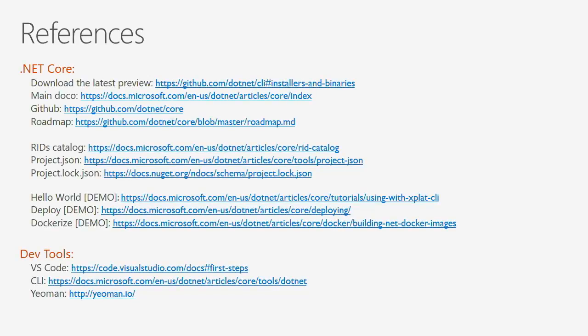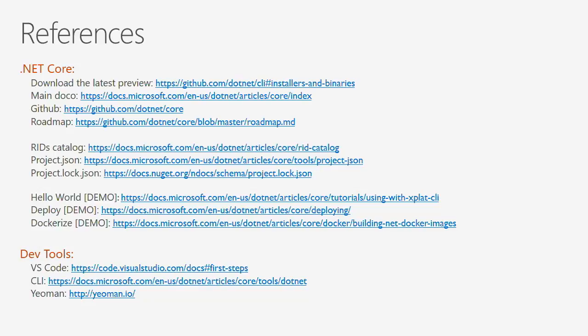So, to recap, if there's only one thing you should take away from this presentation, if you want to write .NET applications or services that are portable and efficient, use .NET Core. I've added a bunch of references at the end about .NET Core, DevTools, the links to the demos that I've just run. Oh yeah, take the picture.